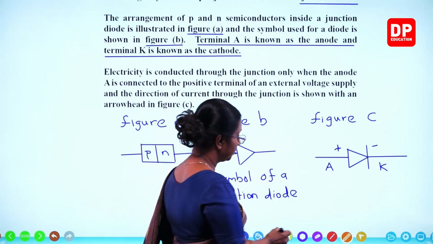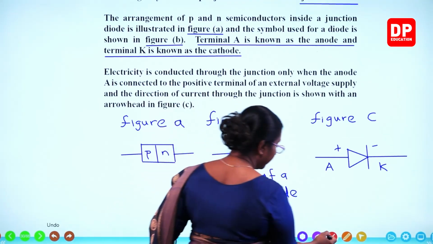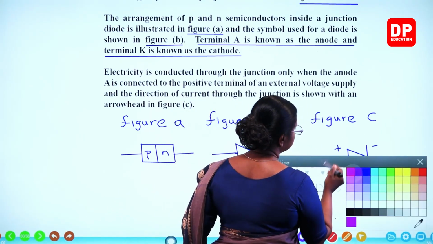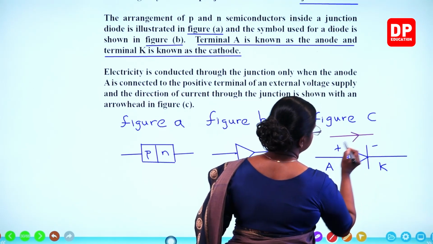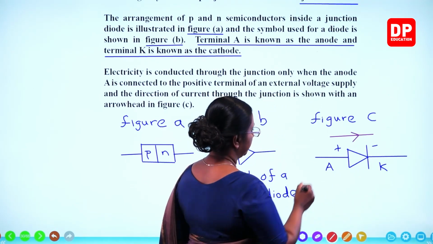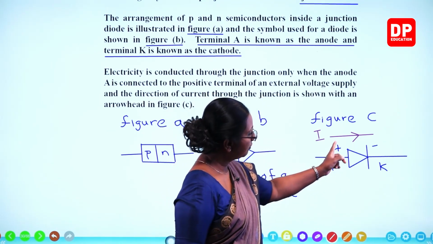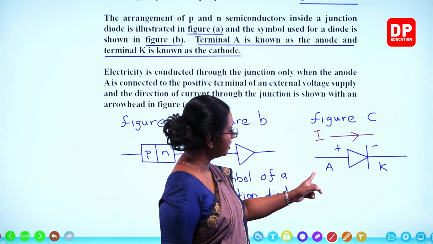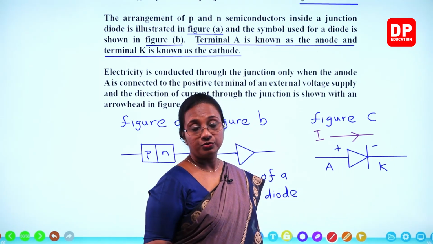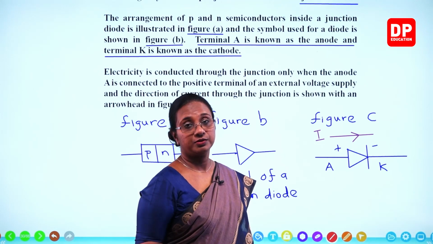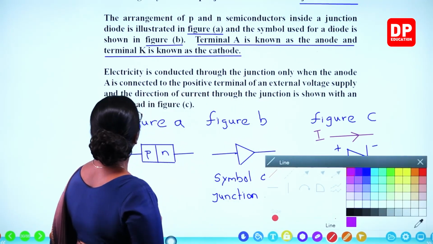And here also you can see the direction. I will use a different color. We can show the direction of the current flow that way. Current flows from the positive to the negative terminal, or anode to cathode, through the junction diode. That is something you have to remember.